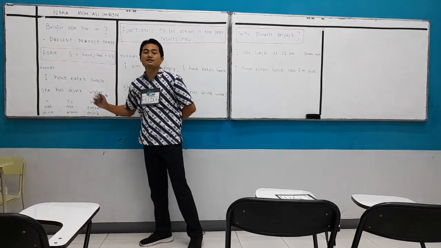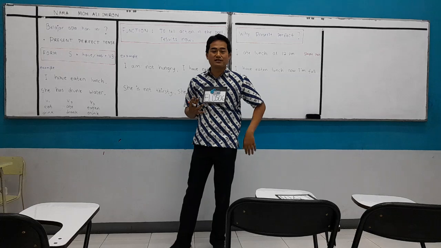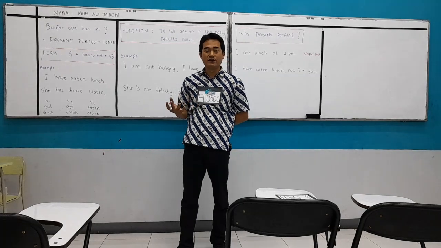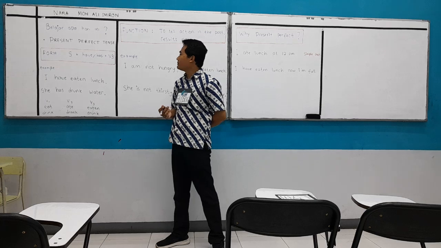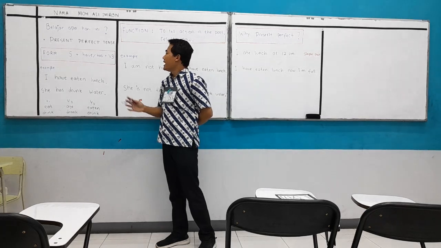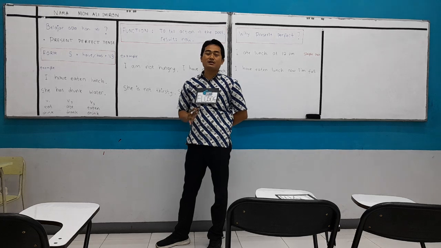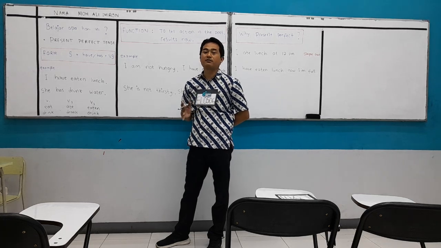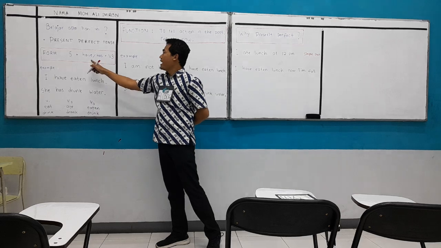The first is the subject. There are many subjects, right? Like I, you, we, they, he, she, it. And then after that we have the auxiliary verb, have or has. If the subject is I, you, we, or they, we can use have.